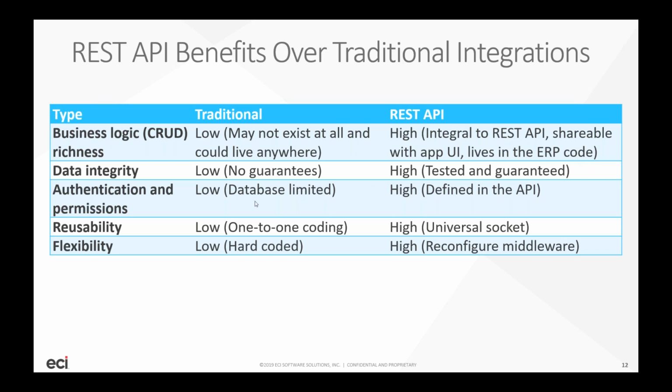In terms of data integrity, it's typically low in the case of a traditional integration, simply because you're often connecting directly to a database. And also, if you're allowing users to directly update a database, they could potentially corrupt it. In the case of the REST API, you have a very high data integrity because you're requiring the user to go through a business logic layer.